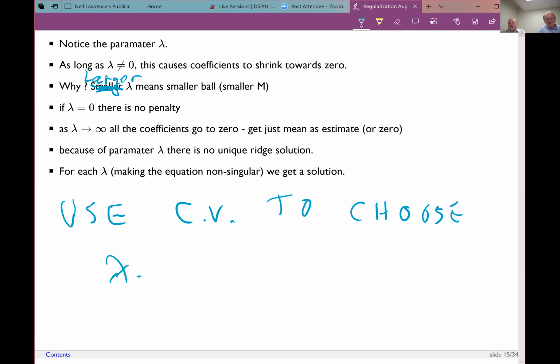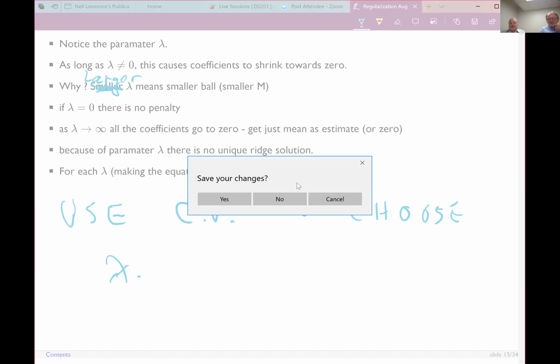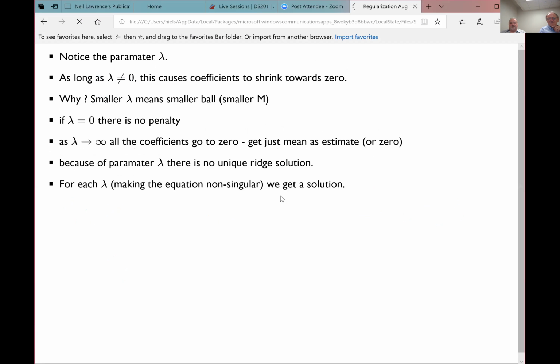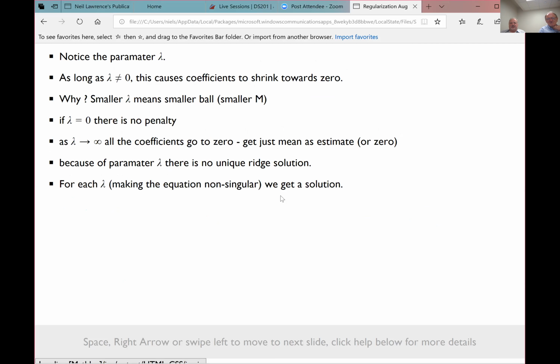Now, the good news is that this is nothing that you have to implement yourself in code. And I'm skipping ahead. When we get back, if you want to do this, I'll just talk. In addition to scikit-learn, there's a standard package called GLMNet that does this.